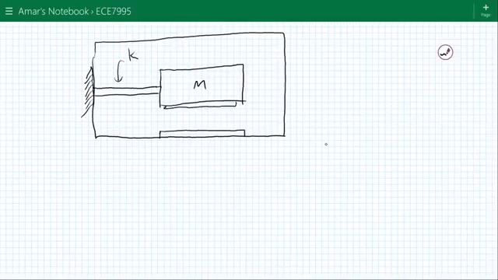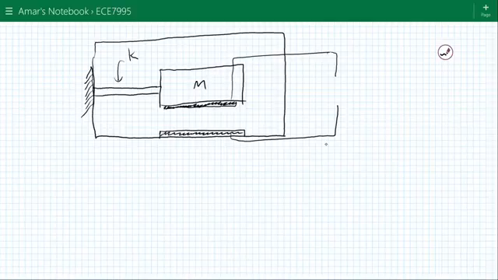Let's say we have a mass that has an electrode on it, and then on this side we also have an electrode. This is connected to some type of circuit, and the circuit measures capacitance.